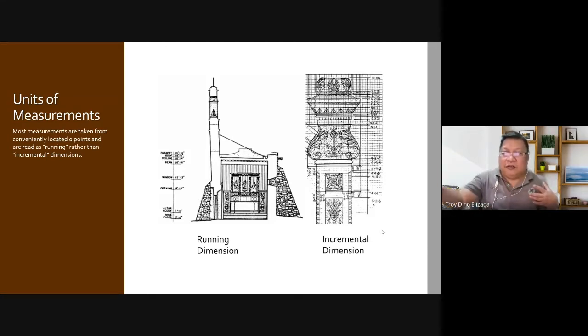Okay, we have already established the overall, so there has to be something wrong along the way. So it's easier to check. So normally what we do is the running dimension for the overall. And then if there are just very small details, we do the incremental dimensions.